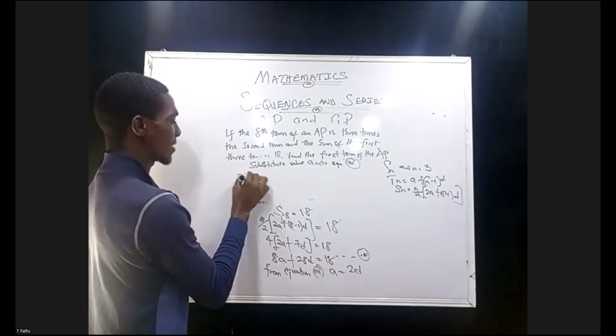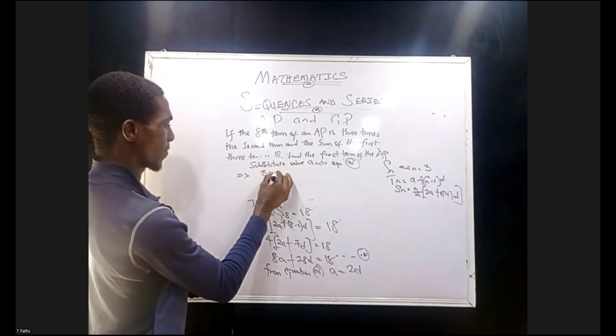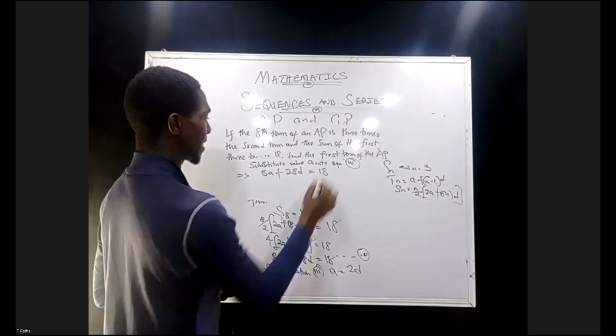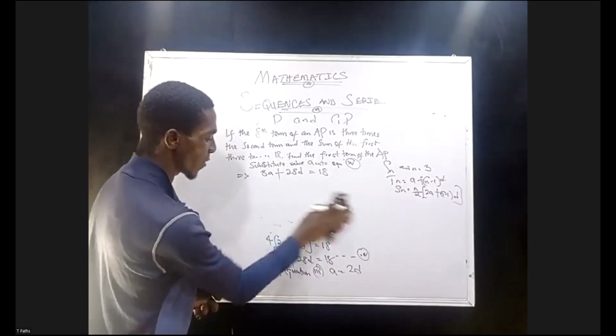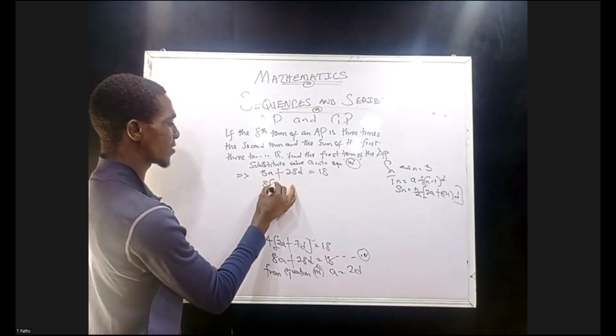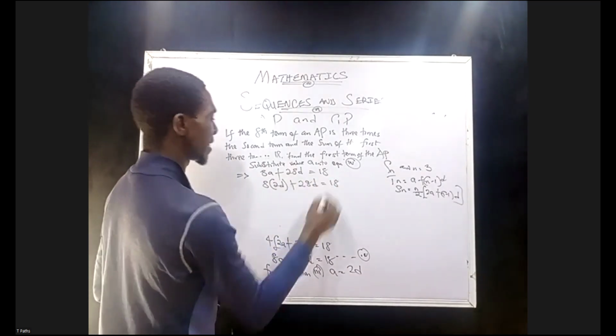Then this implies that equation 4 says 8a plus 28d equals 18. And we know that the value of our a is 2d. So this means 8 into bracket 2d plus 28d equals 18.